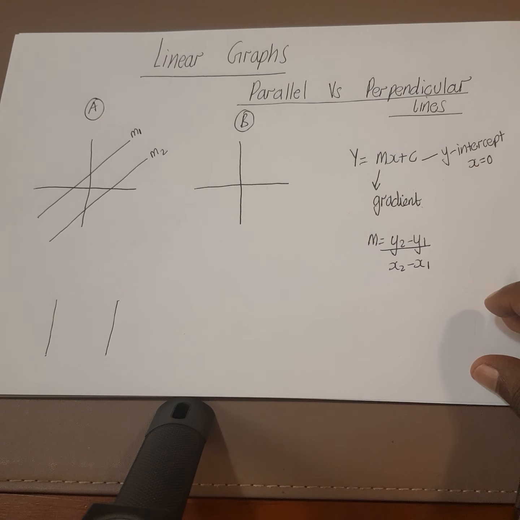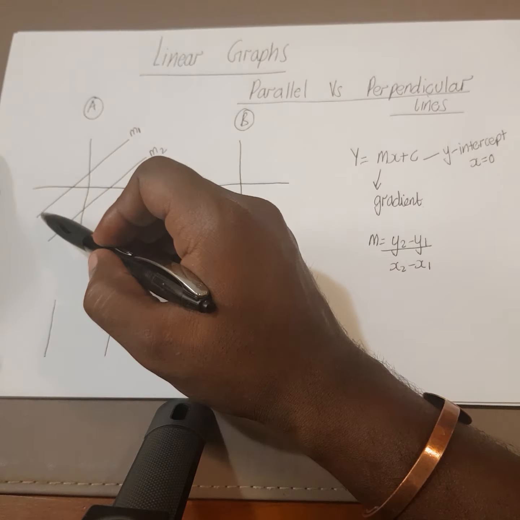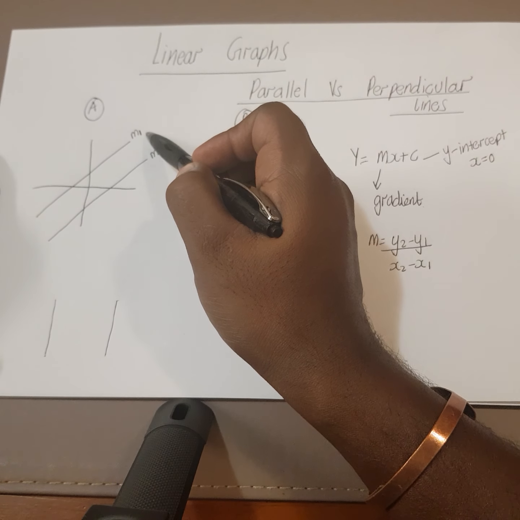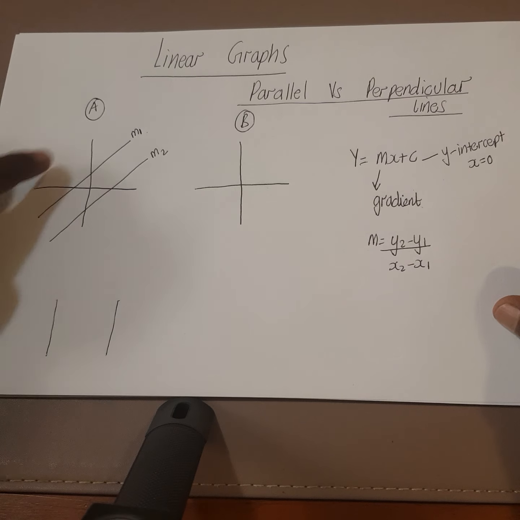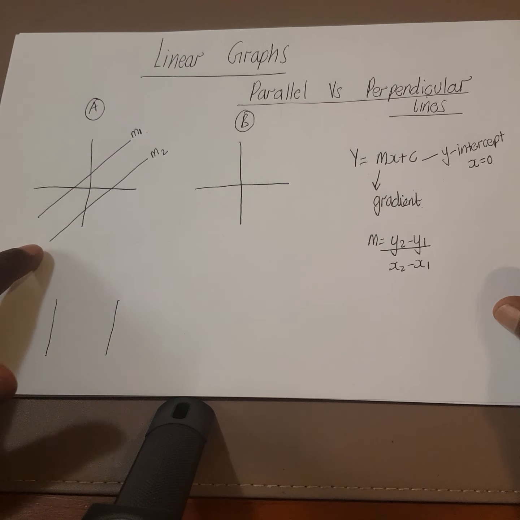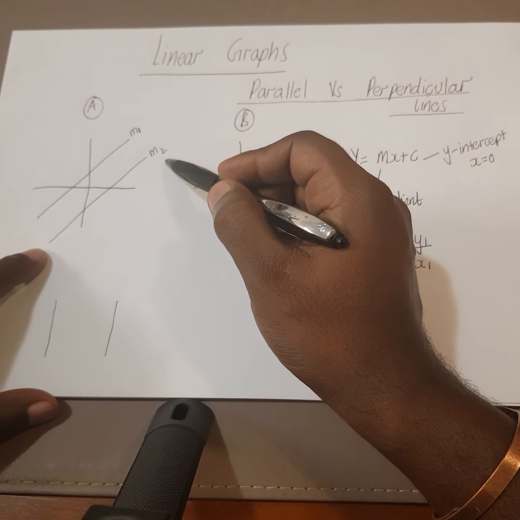Now here's the trick. With parallel lines, the gradients are the same. What do I mean by that? The gradients in parallel lines will always be the same. Imagine the gradient of this line is m1 and hypothetically the gradient of that line is m2.